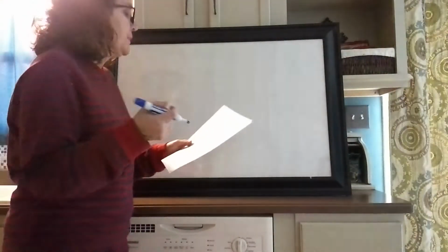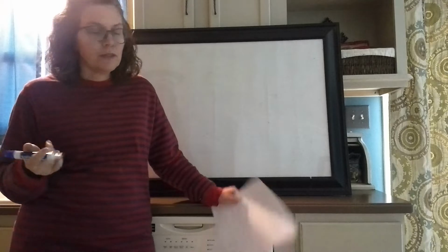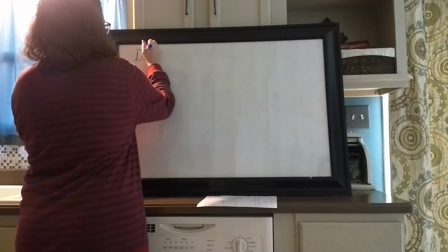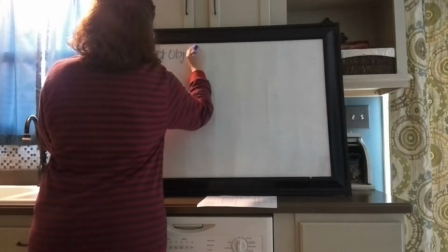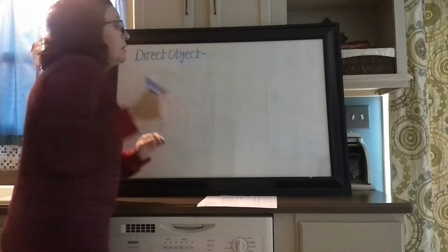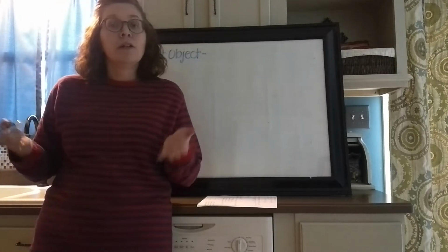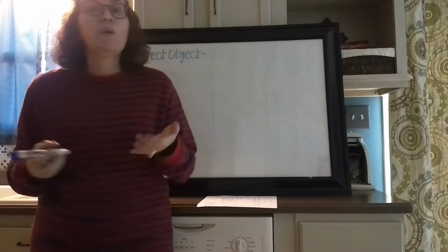Okay, mis amigos, back at it with direct objects and direct object pronouns. So we start with a direct object. And first of all, it's important to understand the purpose of a direct object. A direct object and or direct object pronoun answer the question what?